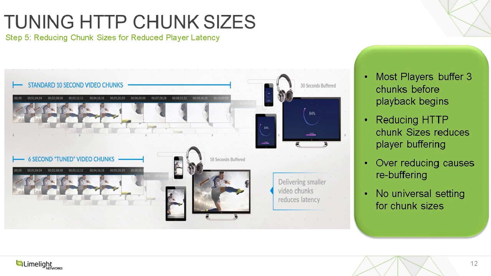Versus if we're able to shorten those chunks where we have 6 seconds of tuned video chunks, now when we buffer 3 of those, we have 18 seconds of video that needs to be buffered. So not only are we reducing the chunk size, we're also able to deliver information faster.